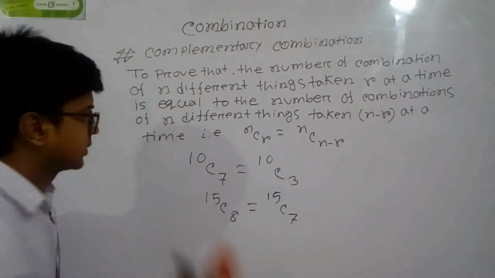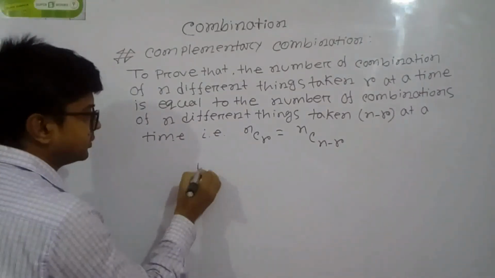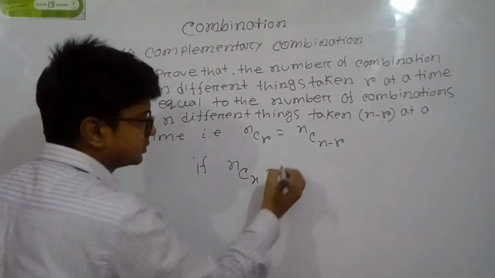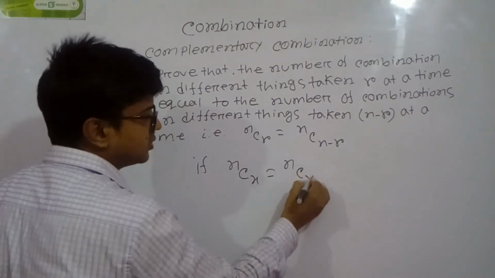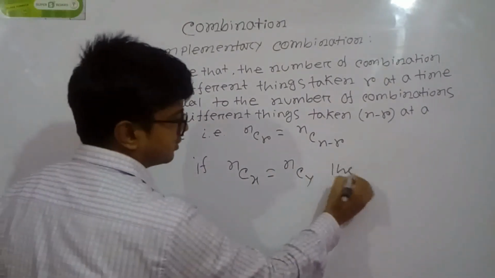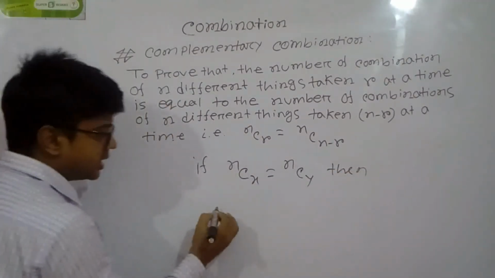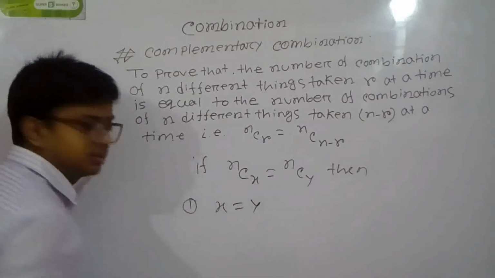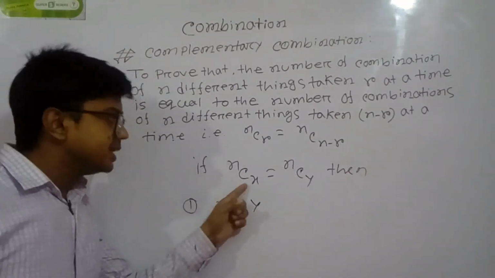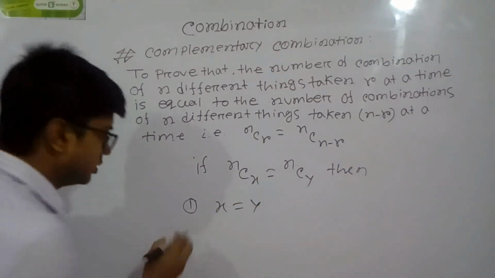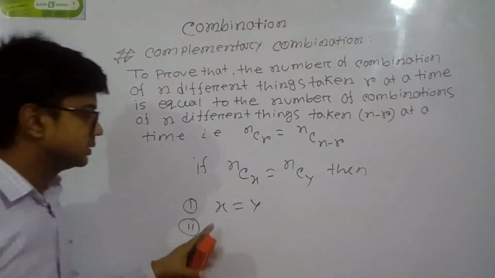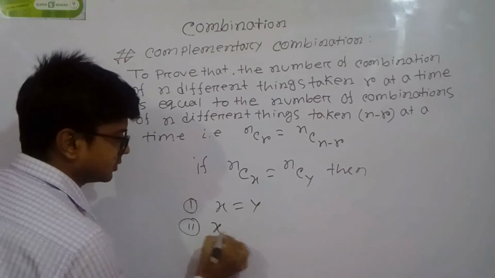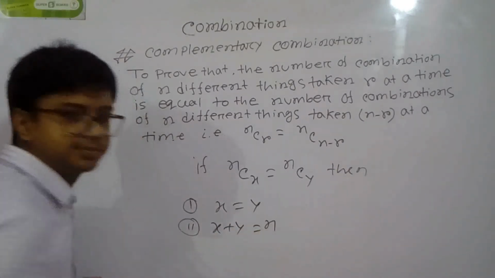Now one thing: if nCx equals nCy, then x is always equal to y is condition number 1, and condition number 2 is x plus y equals n.